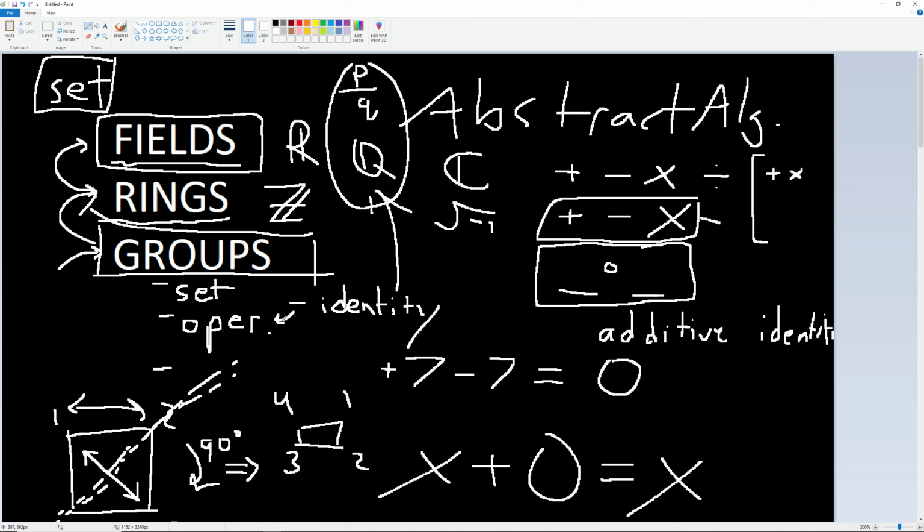So that could be whatever. It's unclear, but it has an identity. A group needs an identity. So we start with a set, we define an operation, we have an identity. The other thing is, maybe finish the requirements for now: we have inverses. Every element has an inverse.